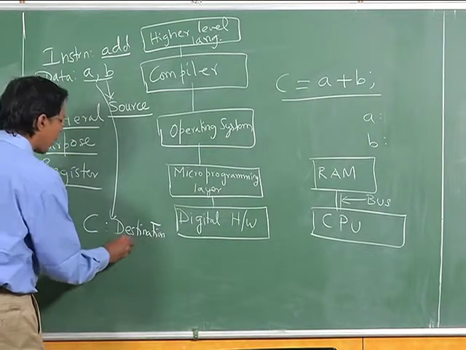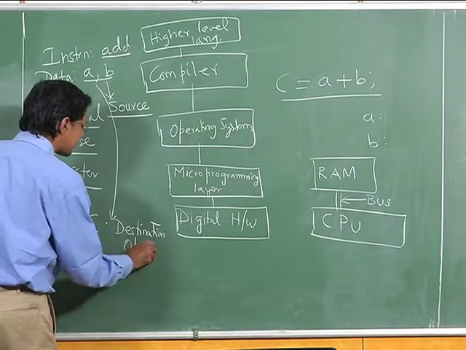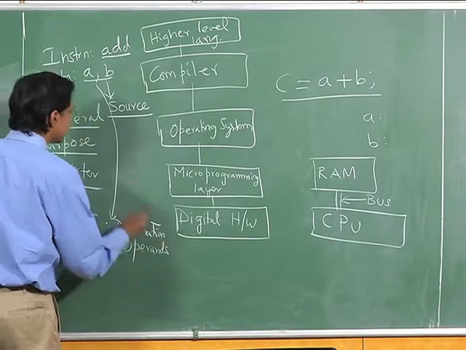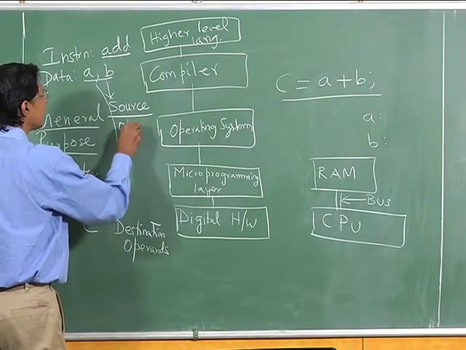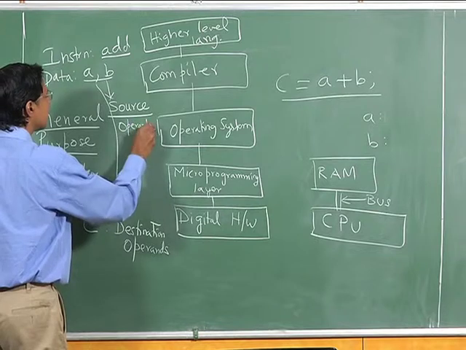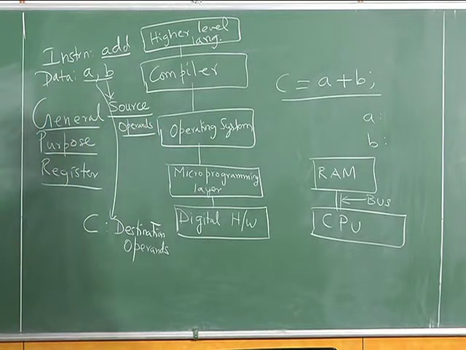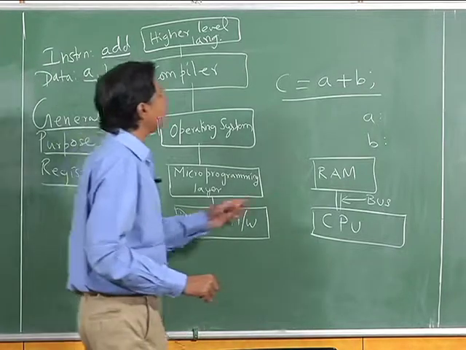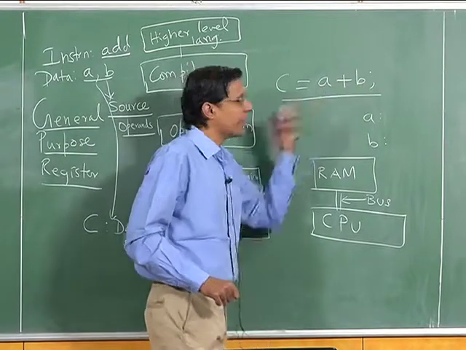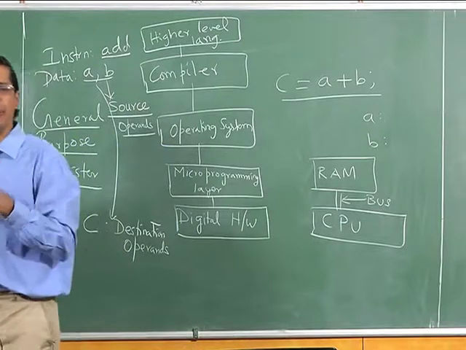So in general we call them operands. A and B are stored in the memory.